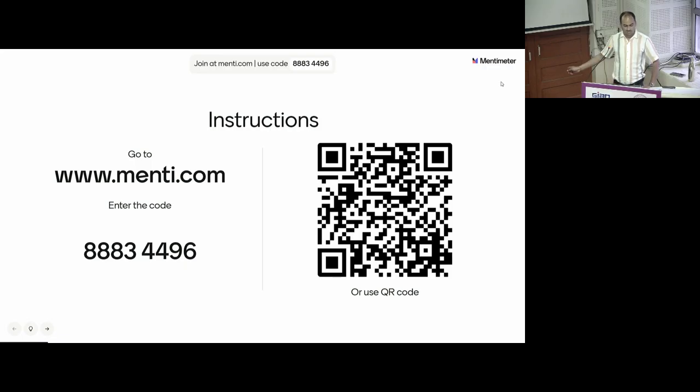You can use the code as well. Suppose the QR code is not working, you can go to menti.com, enter the code, and then you join the presentation.